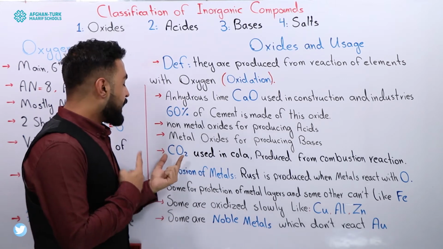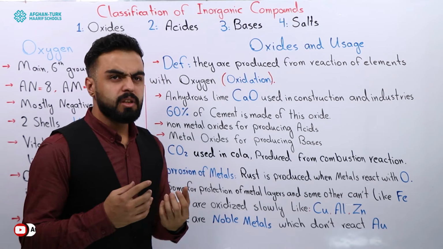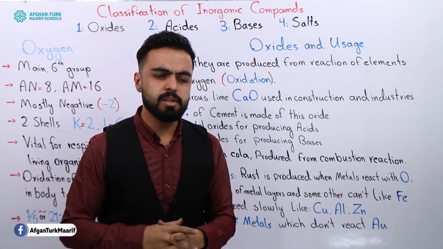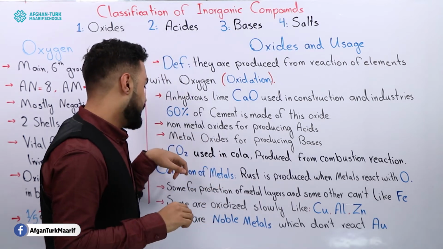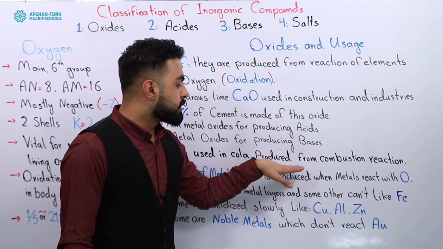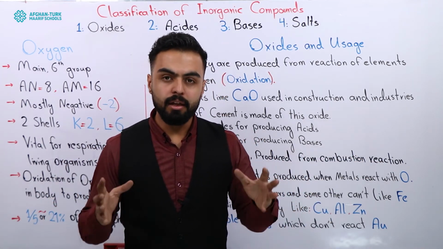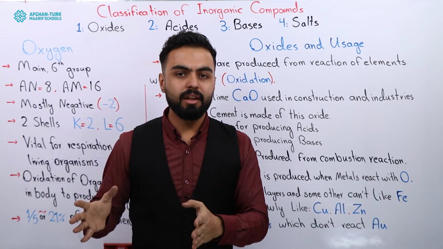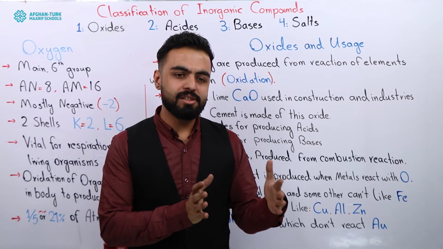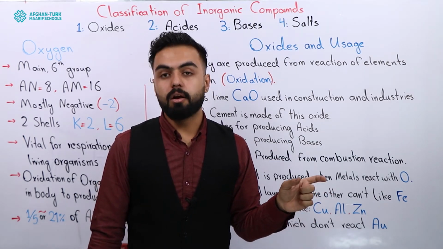Carbon dioxide is used in cola, the cola we drink, energy drinks, and everything that we use that has gas, and that gas is actually carbon dioxide. It is produced from the combustion reaction, which we have studied. Mostly when organic compounds react with oxygen, the combustion reaction happens, and one of the products is carbon dioxide.